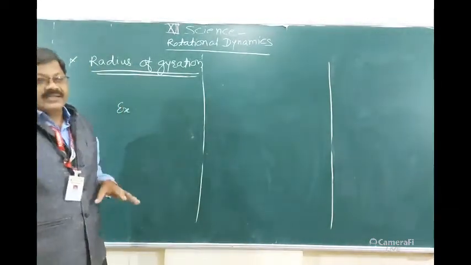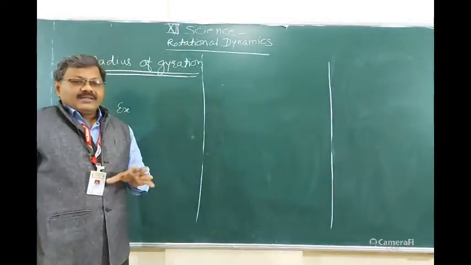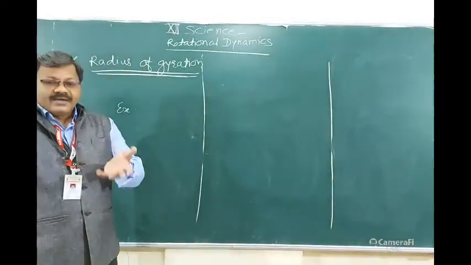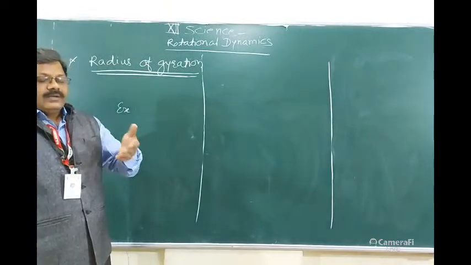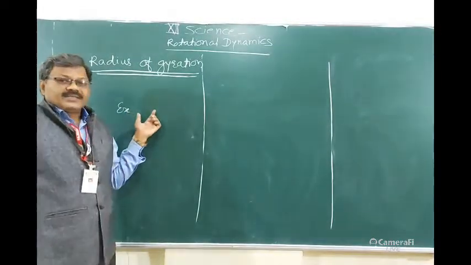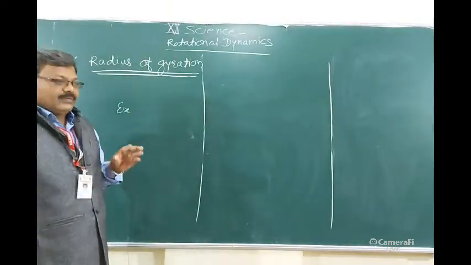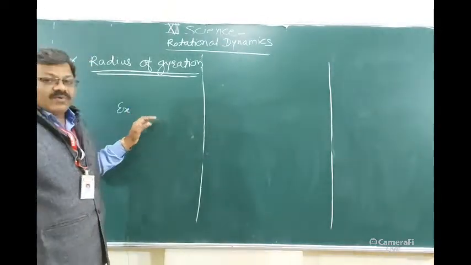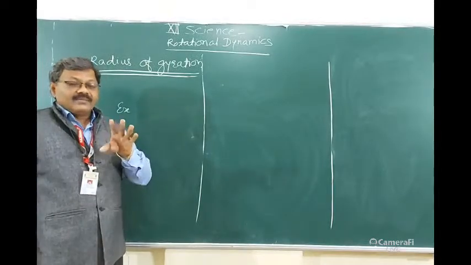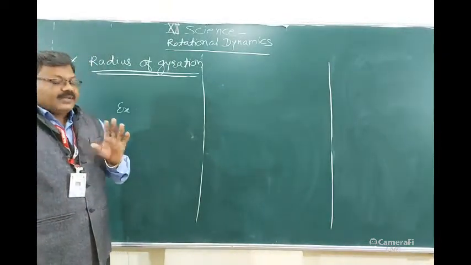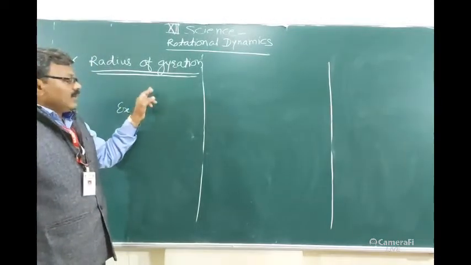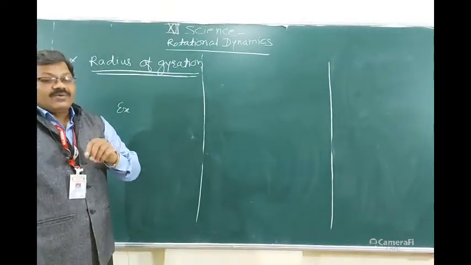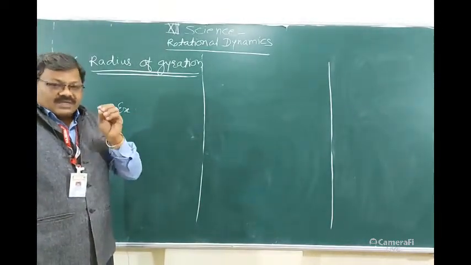But experimentally we can determine the moment of inertia of any object, or in other words, experimentally we can find the moment of inertia of all bodies, but mathematical or theoretical calculation we can do in case of some bodies.